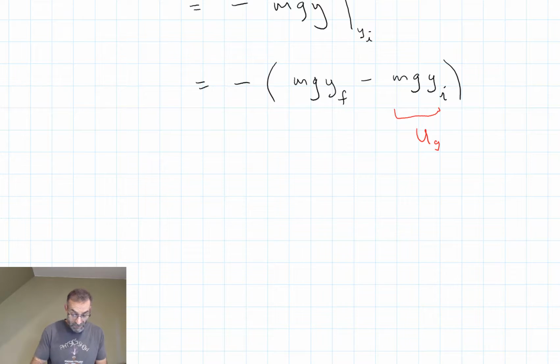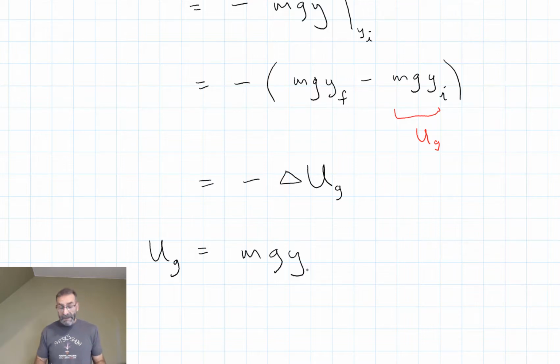And we know that our work done is going to be negative change in potential energy. And this works when the force of gravity is constant and on the surface of the Earth.